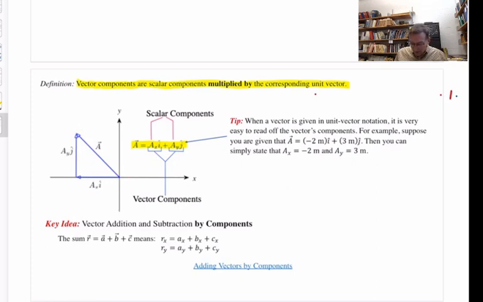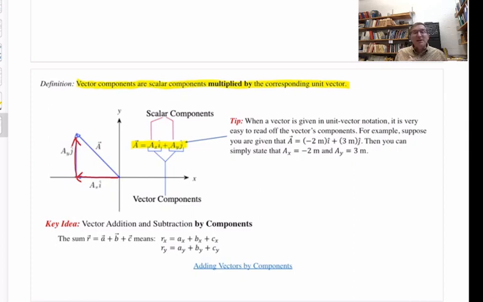The scalar components are the projection of that vector onto each of the coordinate axes. So we have Ax pointing to the left and Ay pointing up with regular arrow tips, like that. Those would be the scalar components, Ax and Ay. And we would, in principle, be able to calculate the numbers for Ax and Ay if we know the magnitude and the direction of A.